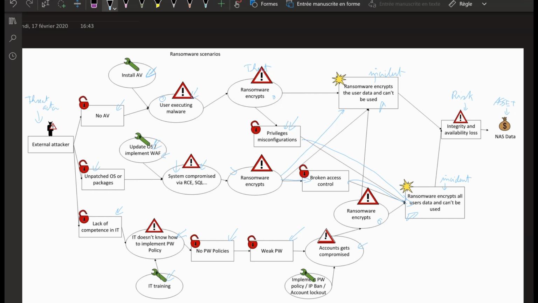And if we would like to protect ourselves from the account ever getting compromised, then we have to implement a password policy, implement the IP ban feature, for example, and the account lockout feature in the Synology. So this is what I wanted to present to you with the CORAS methodology.